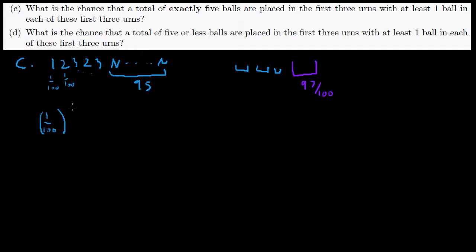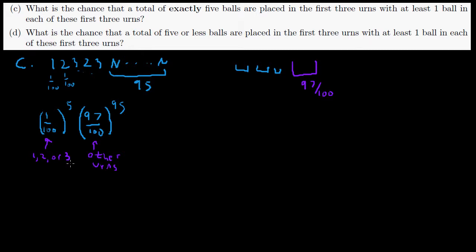Because we put 5 of them in urns 1, 2, and 3, and we have 97 over 100 to the 95th, because these are other urns, and these are 1, 2, or 3.